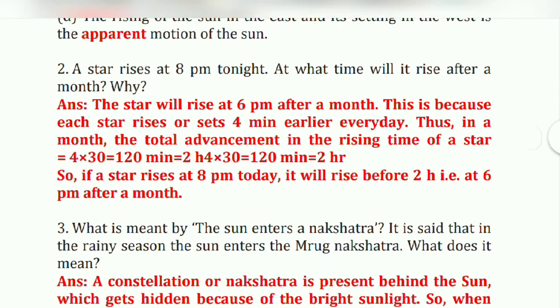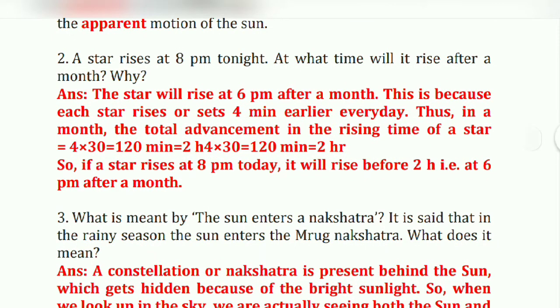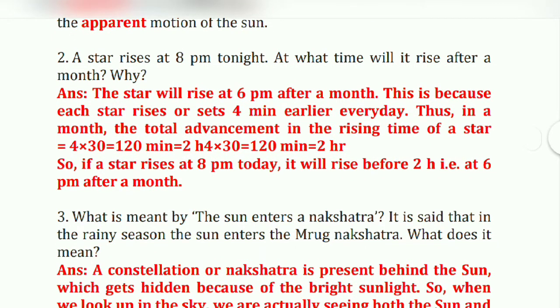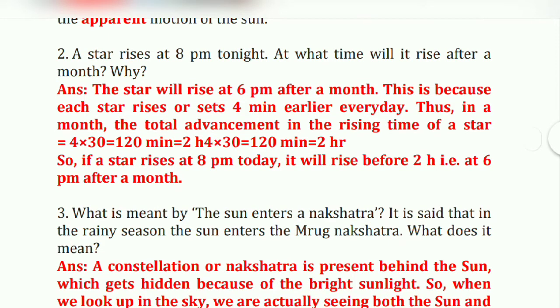The next question, a star rises at 8 p.m. tonight. At what time will it rise after a month and why? Okay, so the answer, the star will rise at 6 p.m. after a month. This is because each star rises or sets 4 minutes earlier every day.